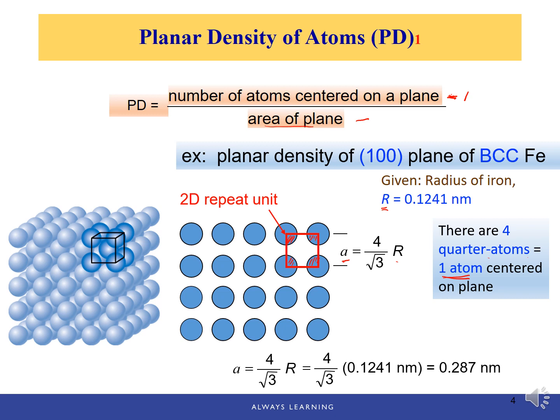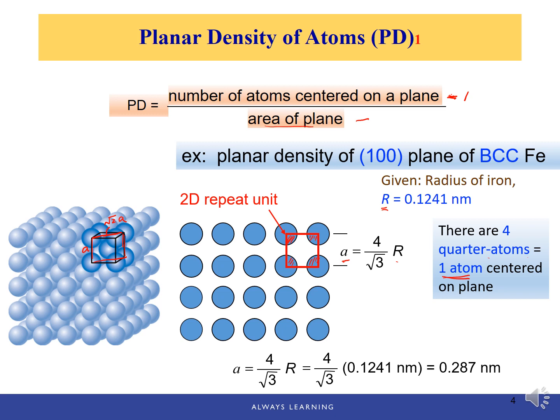For the BCC structure, since the atoms are in touch along the body diagonal, let's just do a quick review. The body diagonal looks like this. This is the body diagonal. With a on one side, this is the square root of 2 a.